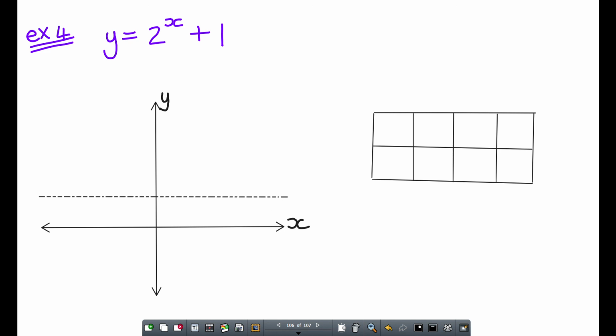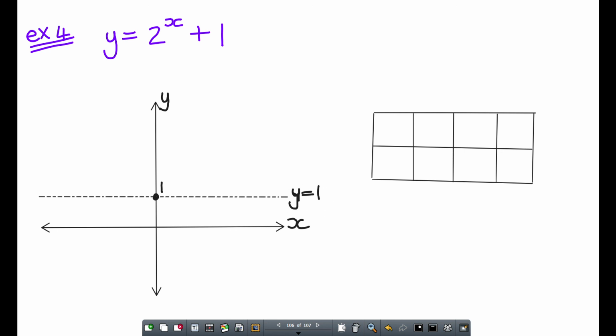And you can show me the asymptote in one of two ways. You can either say it is 1, or you give me the full equation of it. You say y is equal to 1. Okay, so either indicate it over here, or give me the equation of it.